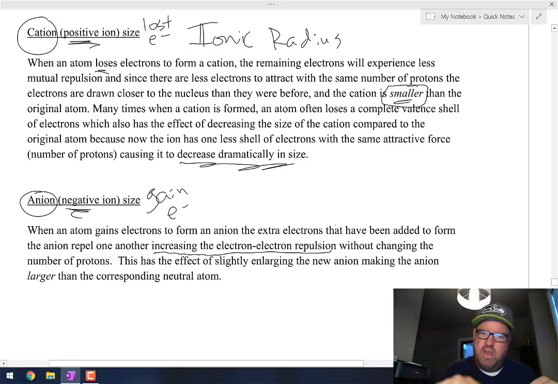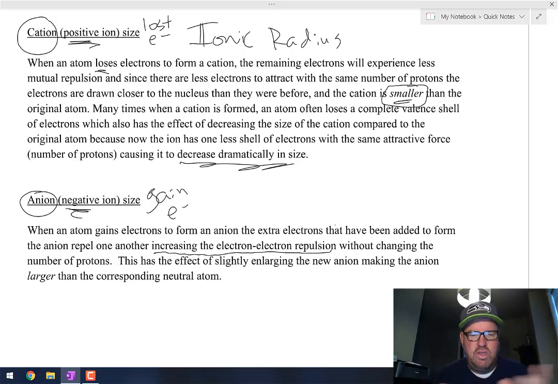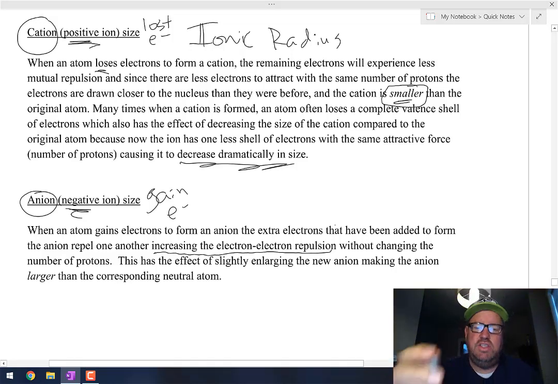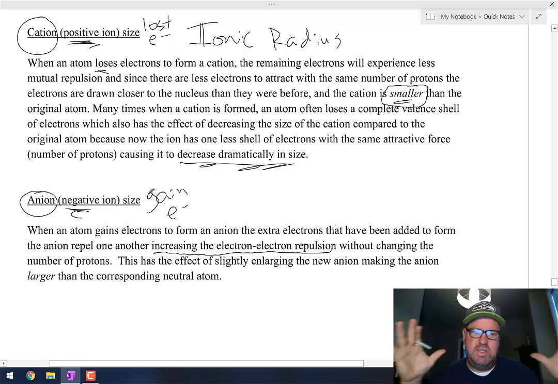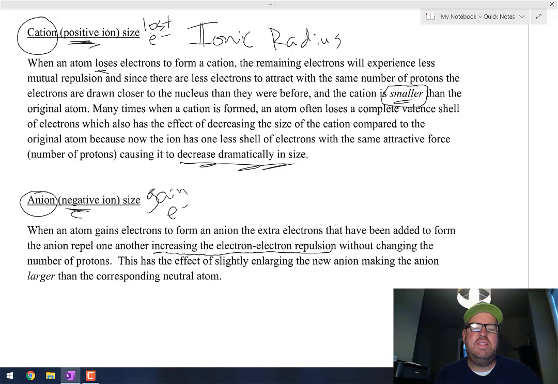By trying to fit another electron in there, you're now increasing the repulsion that exists between 2 electrons, or what we refer to as the electron-electron repulsion, without changing the number of protons. And what that does is you try to include another electron in there, and of course the other electrons basically have to make space for it, and that's going to make the anion larger than the corresponding neutral atom.